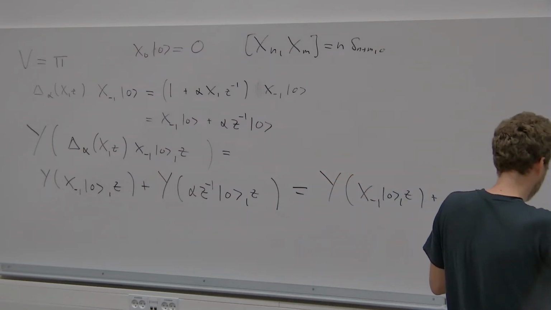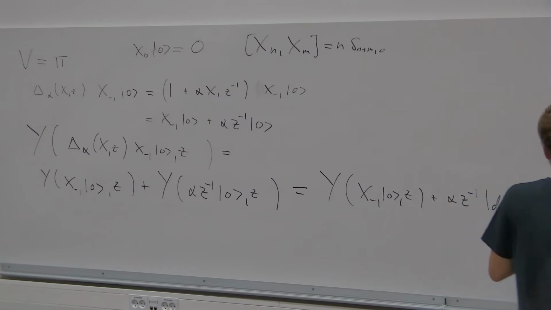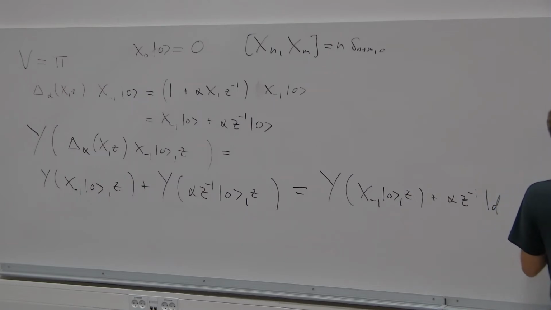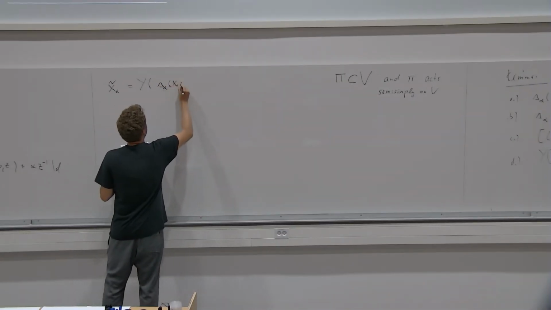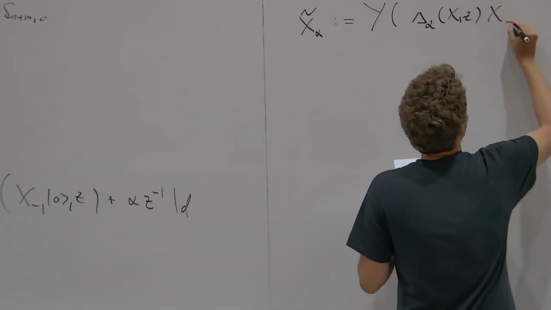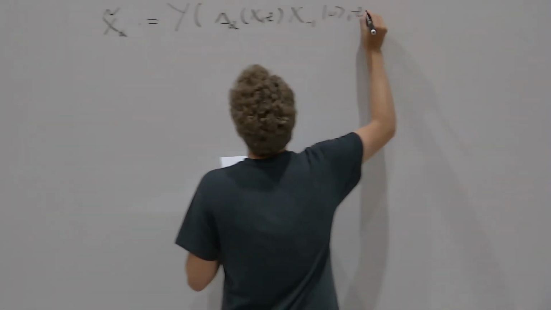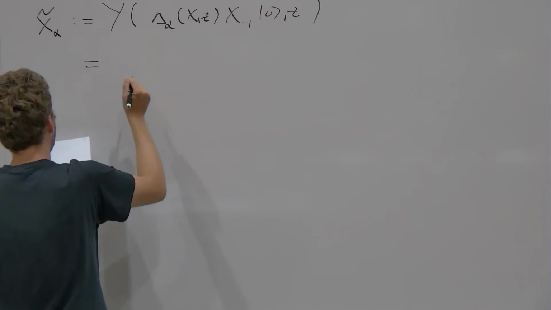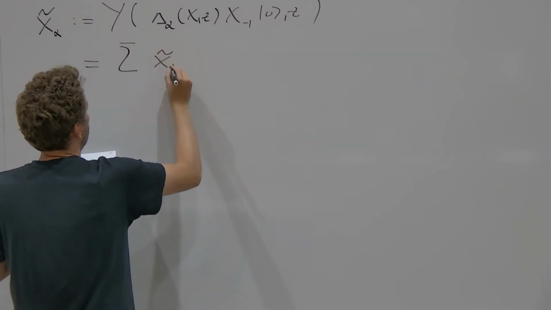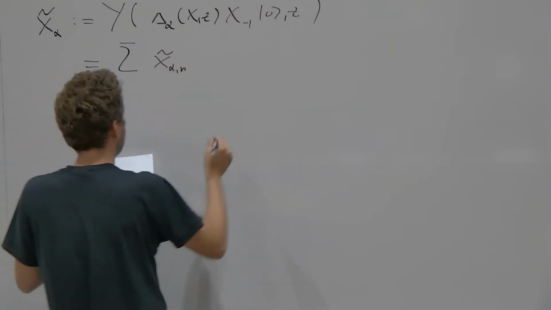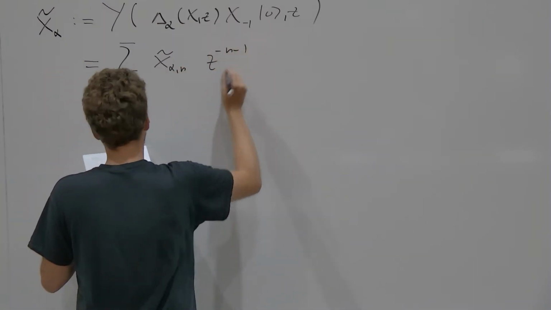So let's just define, let me just give it a name, this new field. And that's a field on the twisted module, and so it has an expansion in terms of modes in the usual way.